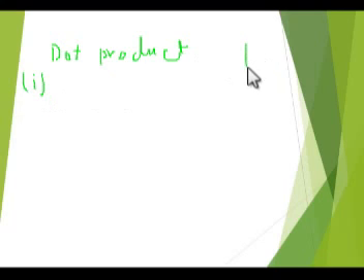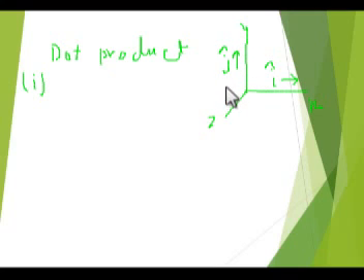For the dot product, one property is that if you take three axes in this way, x-axis, y-axis, and z-axis, then i is the unit vector showing the direction towards the x-axis, its magnitude is 1, and j is the unit vector towards the y-axis with magnitude 1, and the k vector has magnitude 1 and its direction is towards the z-axis.